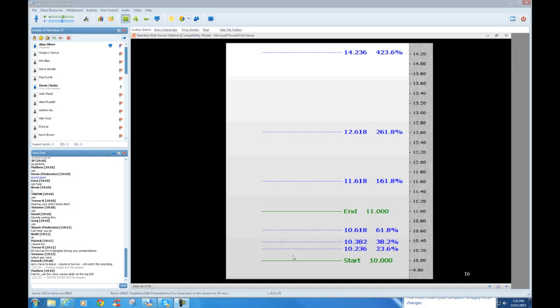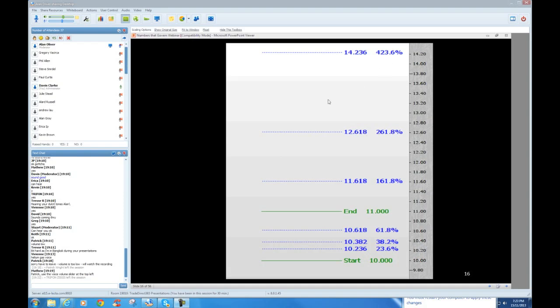What our software package has simply done is it's calculated the distance between the top and the bottom, and then taken those ratios that we looked at earlier and calculated the distance or the price measurement which would fit with that ratio. And you can see through here we're going forwards in the sequence by using 161.8, 261.8 and 423.6.